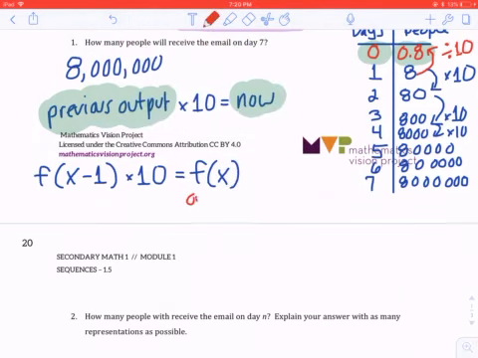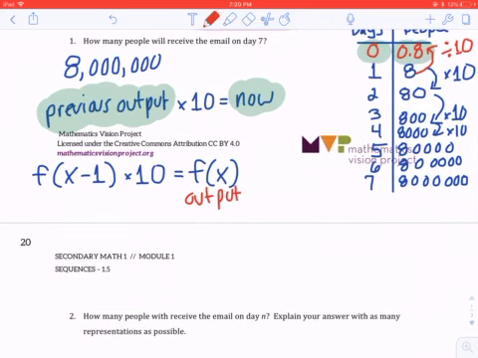So again, this is our output now. And this is our previous output. So all I did was I took my recursive expression that I wrote out here and I just replaced it in function notation. Like hopefully you were doing on last night's homework.